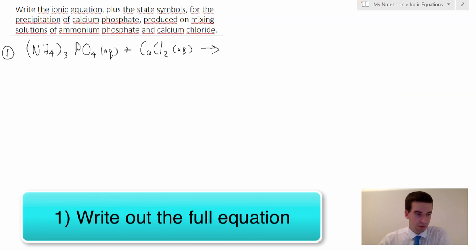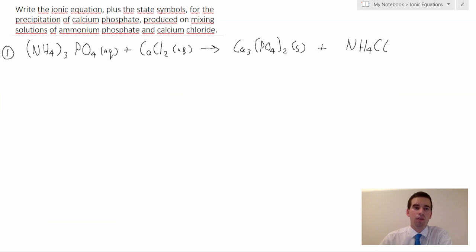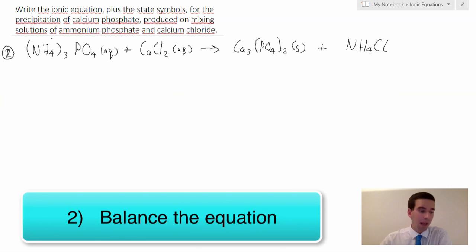Now this makes calcium phosphate. Now because this is a precipitate, it means it's a solid, and we also have ammonium chloride. Okay, that was step number 1. Step number 2 is to balance the equation.